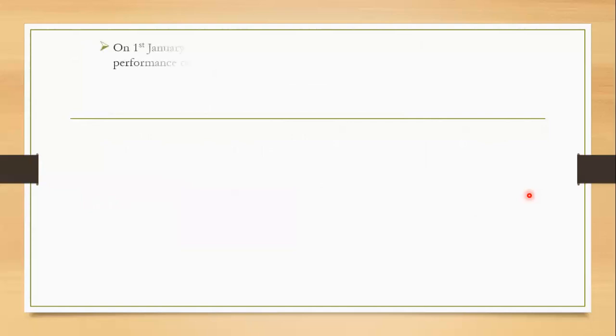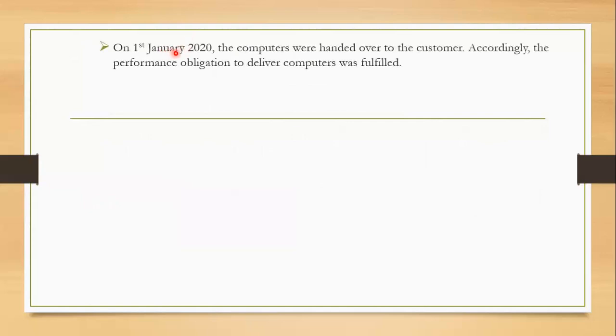Now what happens? On 1st January 2022, the computers were handed over to the customer. Accordingly, the performance obligation to deliver computers was fulfilled. Accordingly, this is accounted in the following way. Now, once we received the cash from our customer, we have handed over 100 computers to the customer.